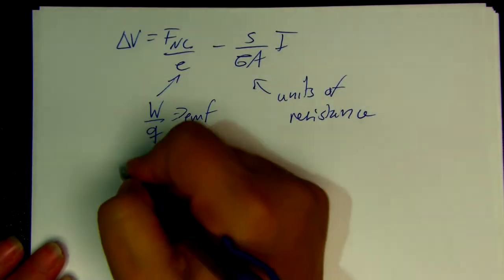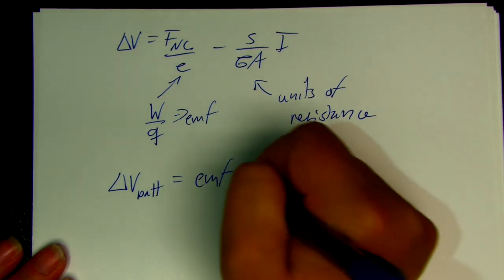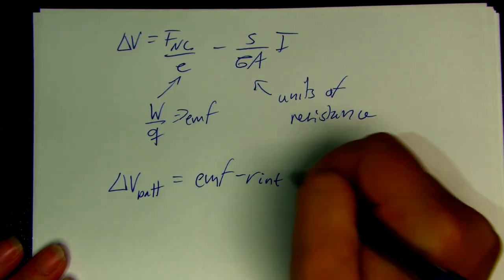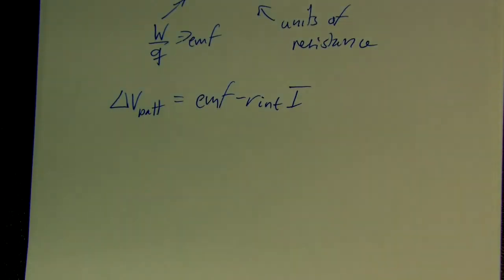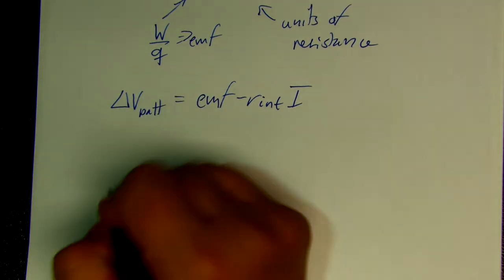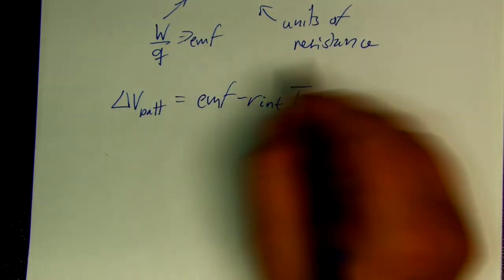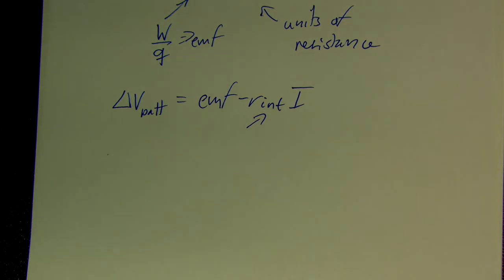This becomes delta V battery is equal to the EMF minus the internal resistance times I. So more current will impact the delta V. Let me rephrase: the internal resistance is the same, but more current will impact the delta V.